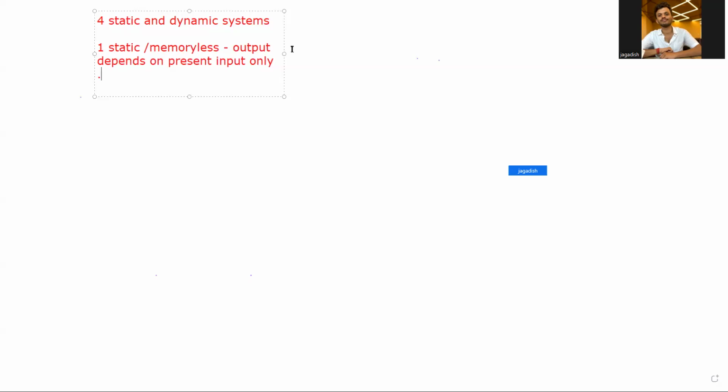What is the meaning of present input? Can you give an example, Dilip? x of n will be my present input. x of n plus 2 is future, not present. Very good.